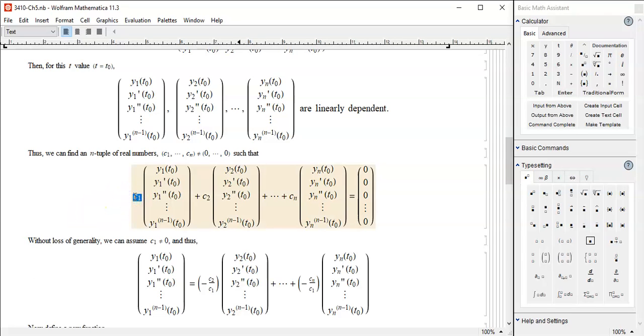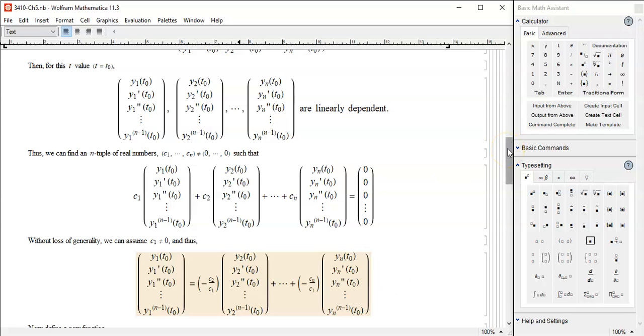So divide everything by C1 and then solve for this column vector. Yes, you can do that, and this is what we get. Flip everything to the other side, divide by C1, you get negative C2 over C1 times this column vector, negative C3 over C1 times the third column vector, and all the way to the last one. Okay, we have it.